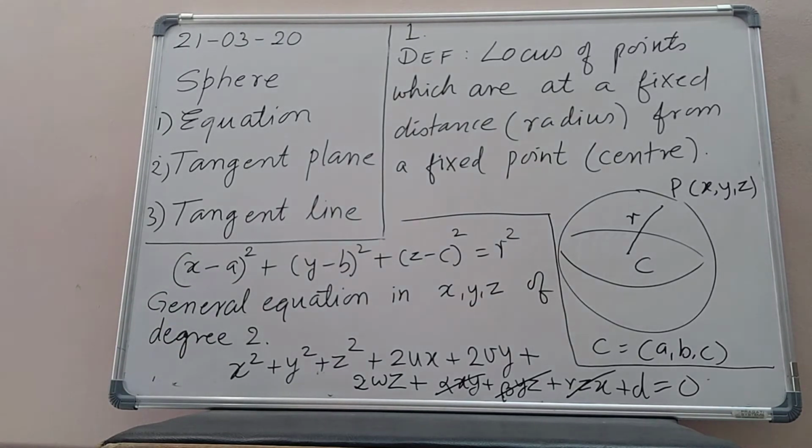The general second degree equation represents a conic. And what are the conics? A pair of lines, circle, ellipse, parabola, hyperbola. These are the conics.